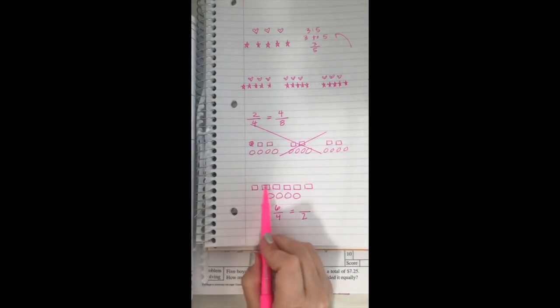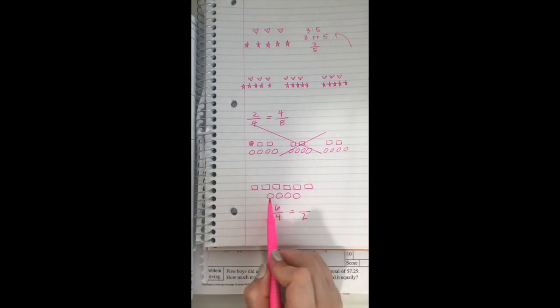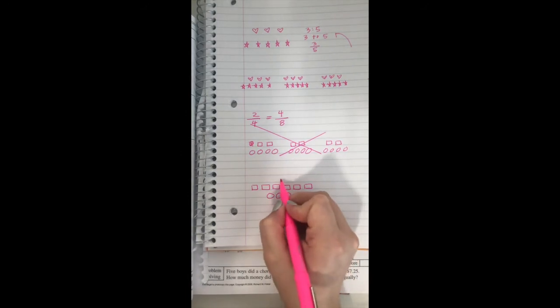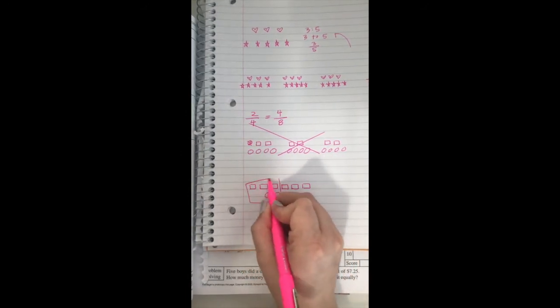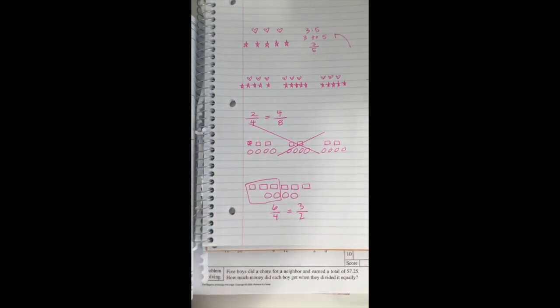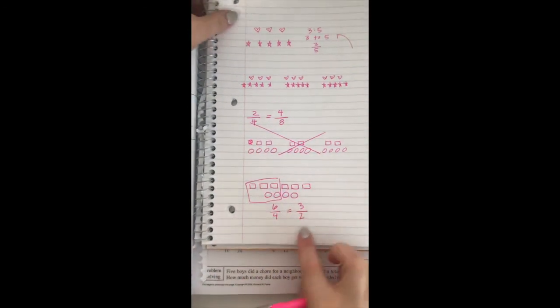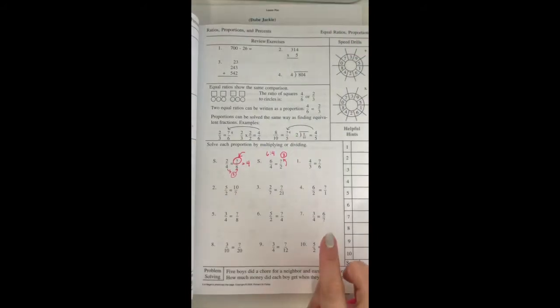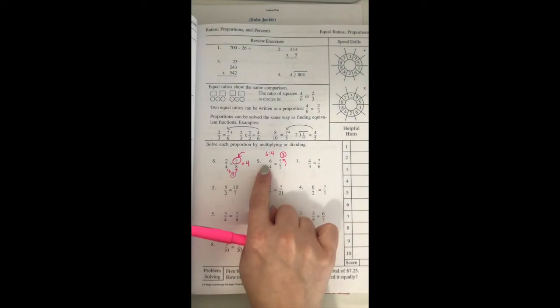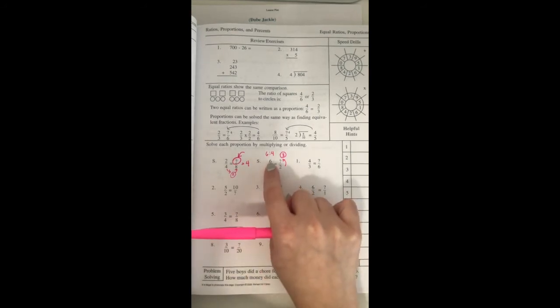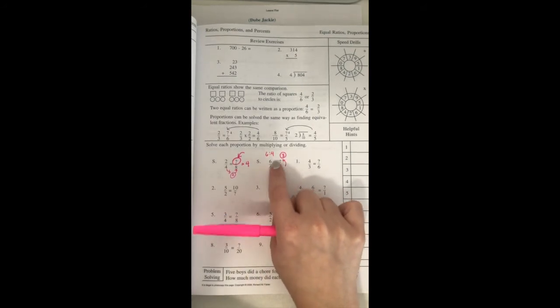Well, if we have 6 squares to every 4 circles, then that means for every 2 circles, we have 3 squares. So you don't actually have to draw it for every single ratio. What you're going to make sure and do is that you either multiply or divide. So it gave us 6 to 4, so we know that if 2 is half of 4, then it would have to be half of 6, and 3 is half of 6.